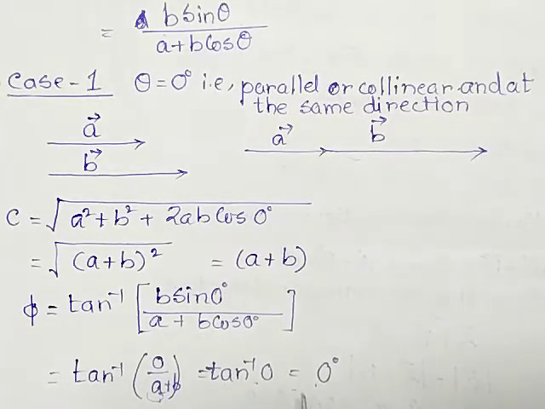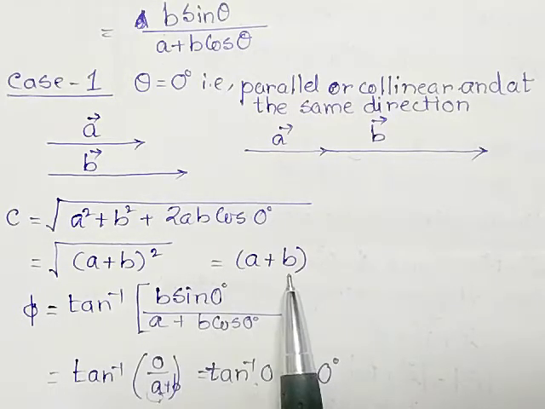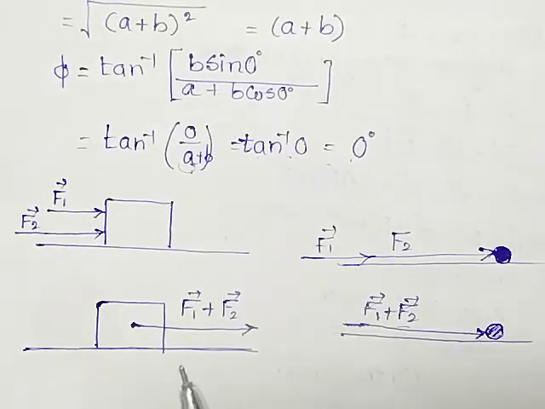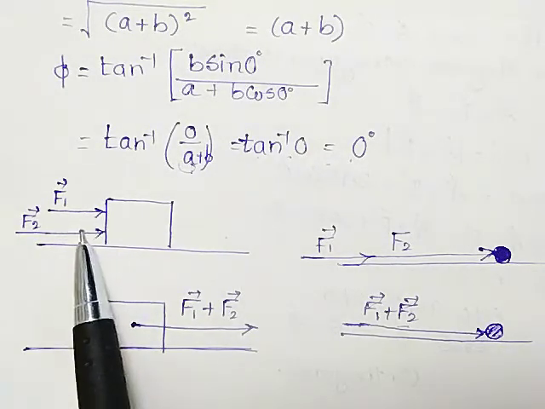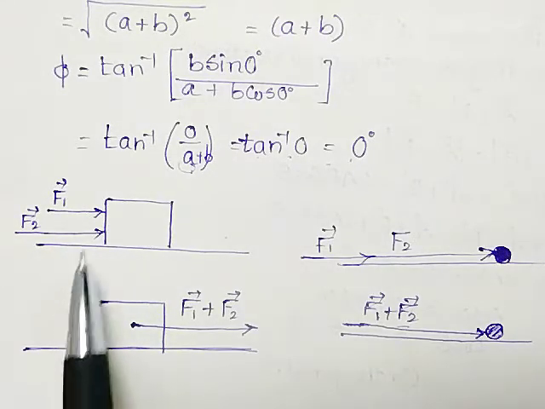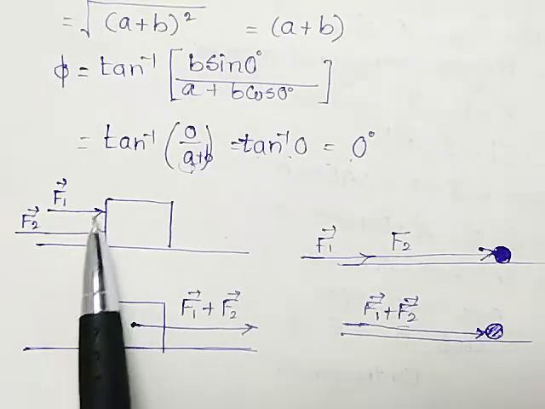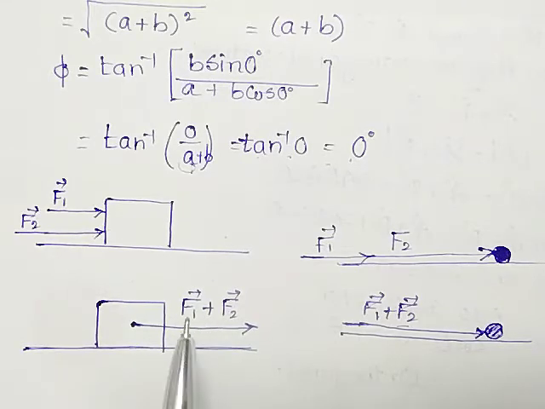So the resultant will also be along the same direction, along the direction of a and b, and of magnitude c equal to a plus b, which we are going to see now. In these two diagrams, you see an object. If I apply force F1 and force F2 along the same directions, they are parallel to each other, not along the same line. Then the particle or object feels the force F1 vector plus F2 vector.